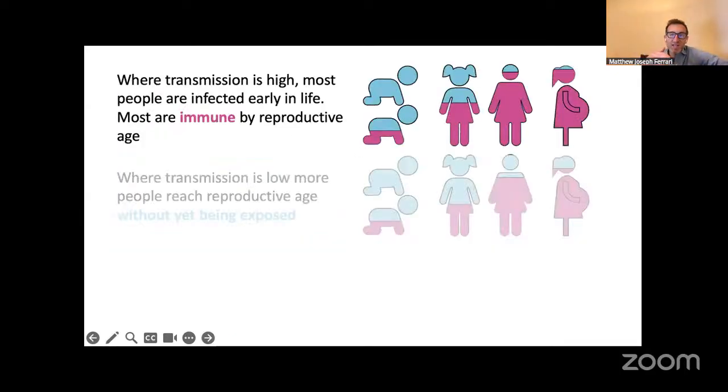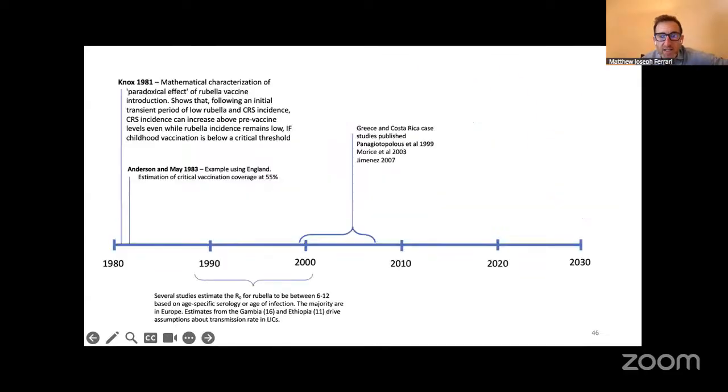Remember, the dynamics suggest that if transmission rate is high, then you're in this upper scenario. And so the perception at the time, because of these two studies, was that all of Africa was in this former category and was at comparatively low risk, and therefore deprioritized for introduction of vaccination.